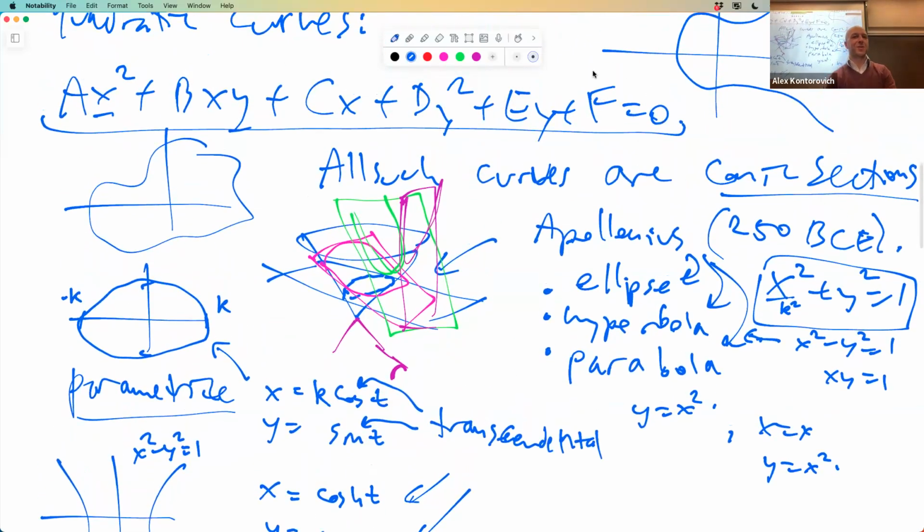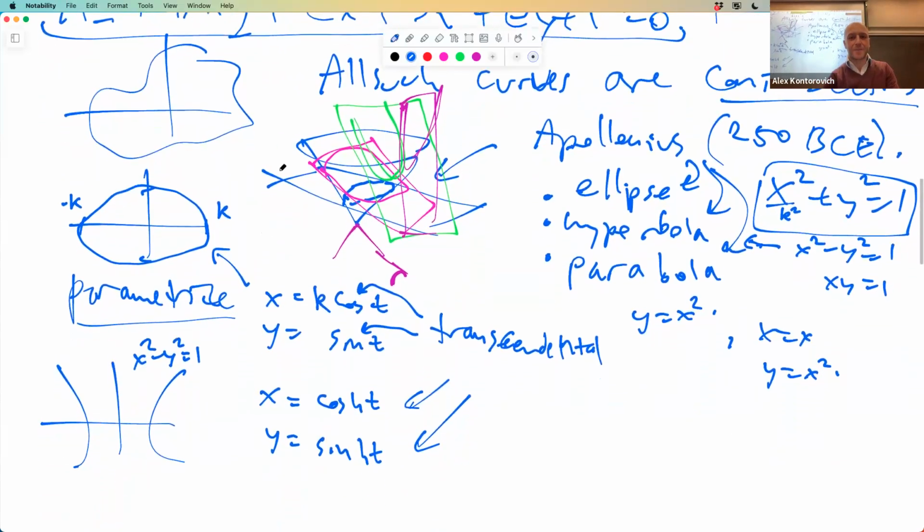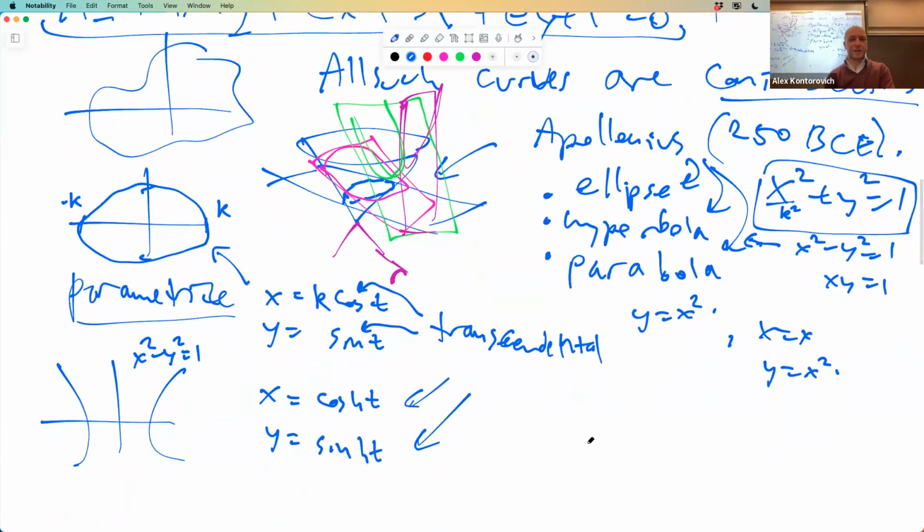So any equation that's degree 2 in 2 variables can, after some very simple manipulations, be put into one of these three types, depending on something like AD minus B squared, some discriminant condition that will tell you whether this is elliptic, hyperbolic, or parabolic. Okay, so we get these funny transcendental functions.